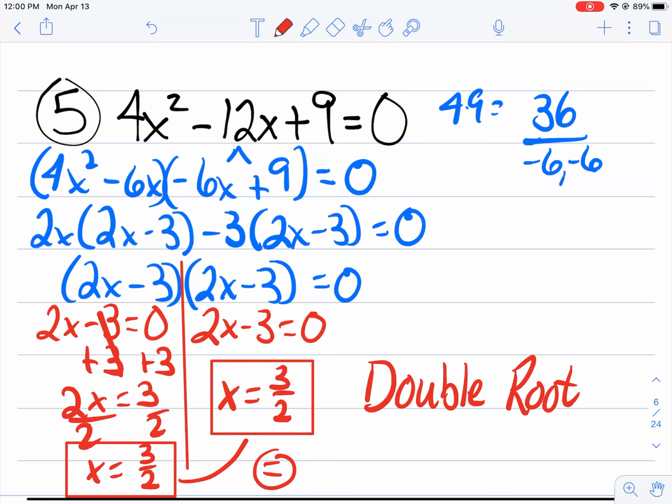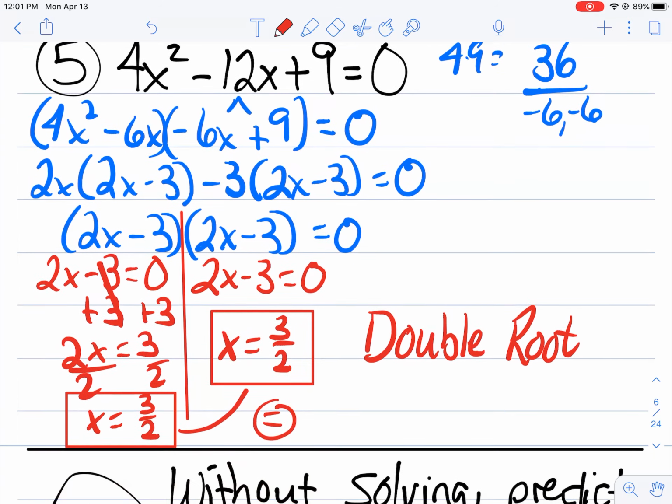And you can have a quadruple root, those kind of things. Probably won't have any more than that, but depending on what kind of equation you're solving, you could have duplicate roots. And sometimes when you solve these equations, the same root can appear twice. And in this case, it's one value, but it counts twice.